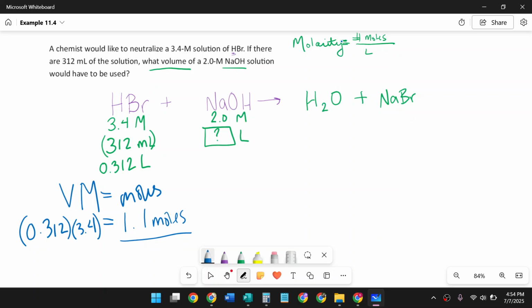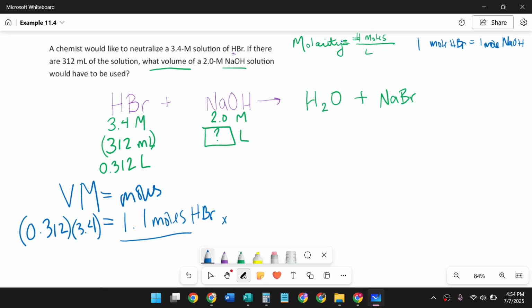Now, we could do our little conversion thing where we say for every 1 mole of HBr, we have 1 mole of NaOH according to this chemical equation. And then we could take this number that we just got and multiply it by this conversion factor. But we can see that we're going to have 1 over 1.